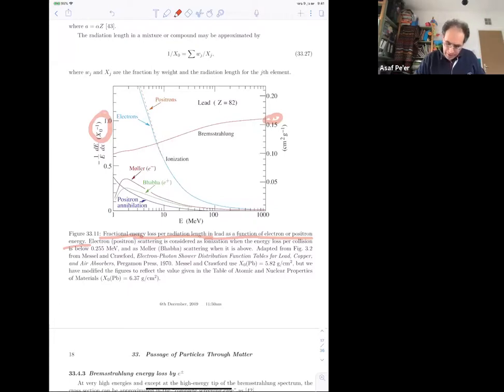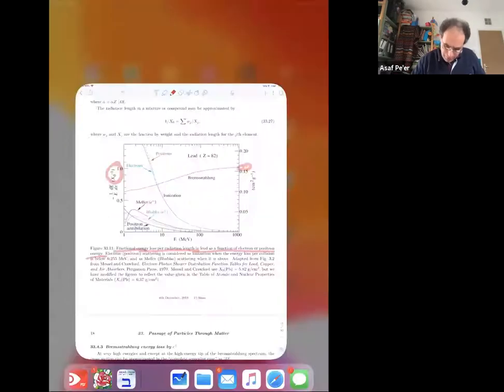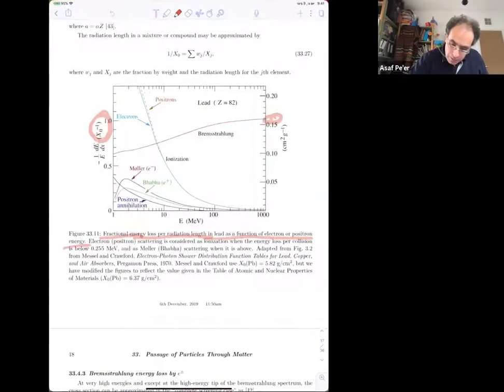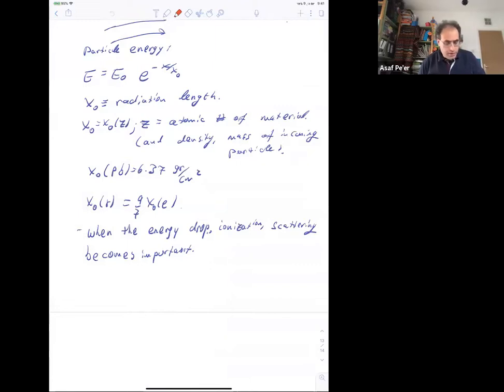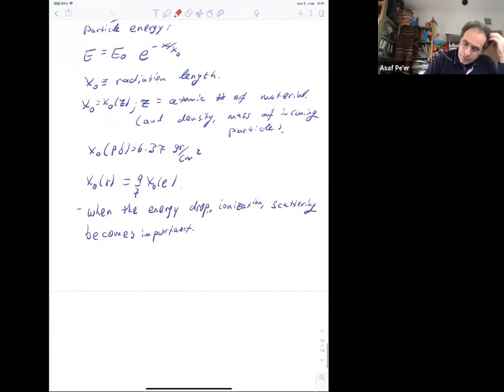Yeah, and just the last thing is the energy at which the rate of energy loss to radiation is equal to the rate of energy loss through ionization, which is called the critical energy.